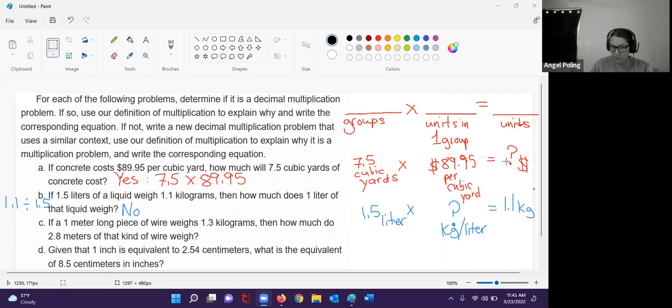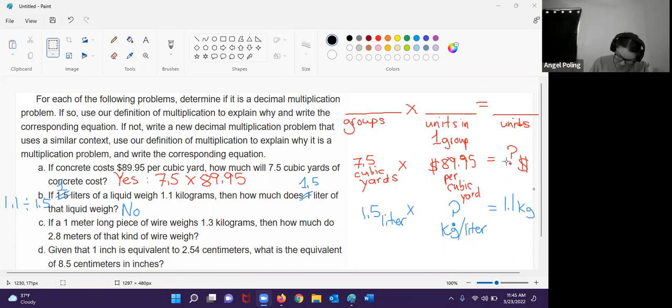How much does 1.5 liters weigh? Right? So we would want to switch those two around. So if 1 liter of liquid weighs 1.1 kilograms, then how much does 1.5 liters of that liquid weigh?